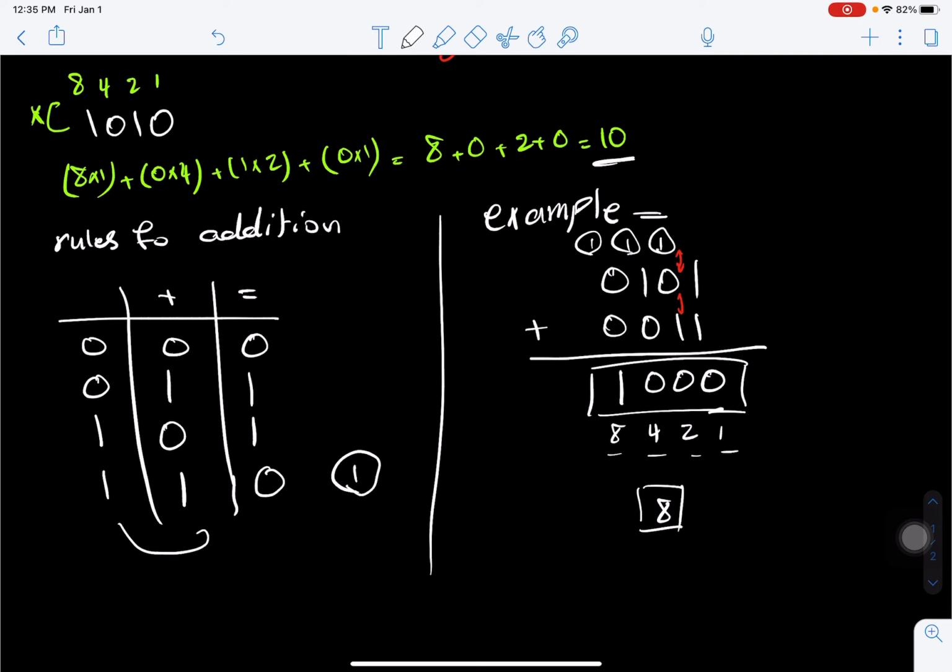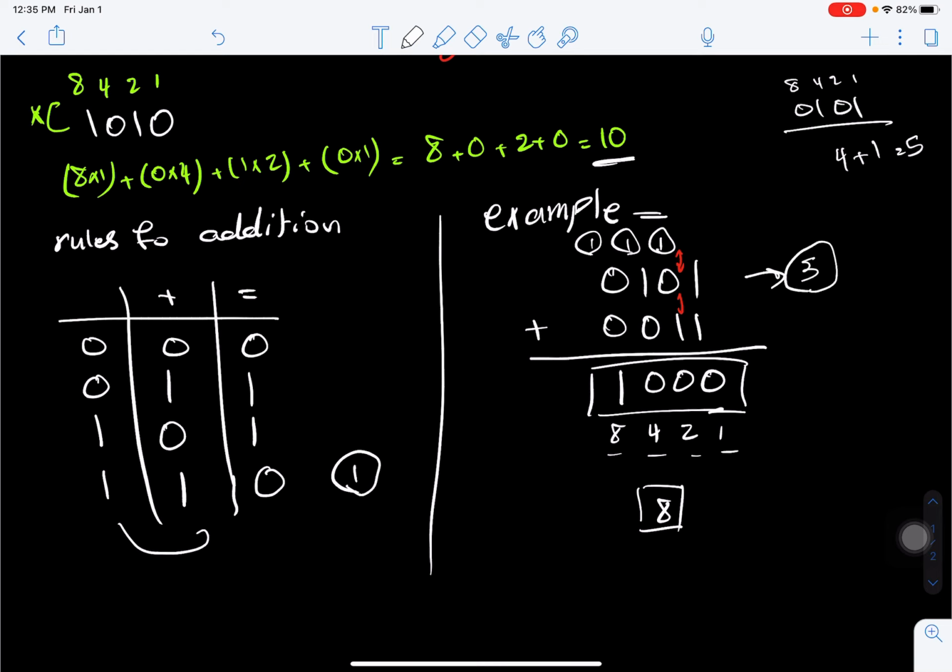And if you want to double check it, for the first one, let's just write it down here, 0 1 0 1. So if you have 1, 2, 4, and 8, it becomes 1 plus 4, which is 5. So this number represents 5.